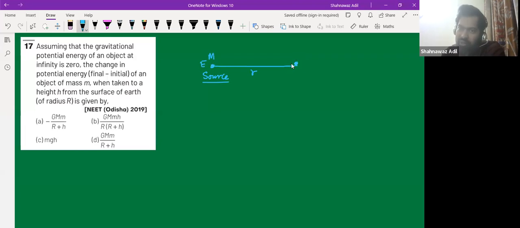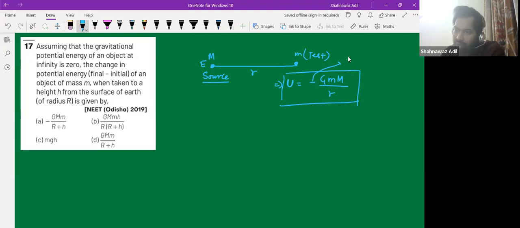This has some mass m, which is the test mass. So as we have already discussed, this would be minus G M m divided by r. This minus is important because this tells us that this is bounded. So this is the potential energy.